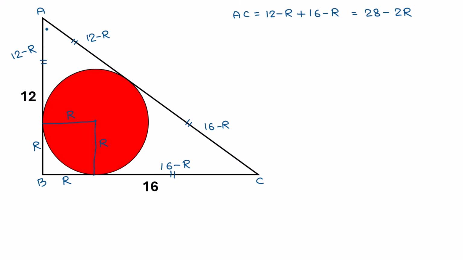Now apply the Pythagoras theorem to this right angle triangle. We can write this hypotenuse square, AC square, is equal to this height square, which is AB square, plus base BC square.